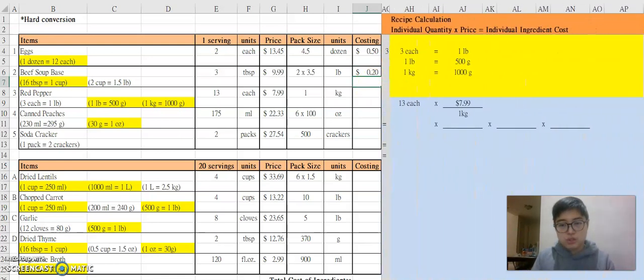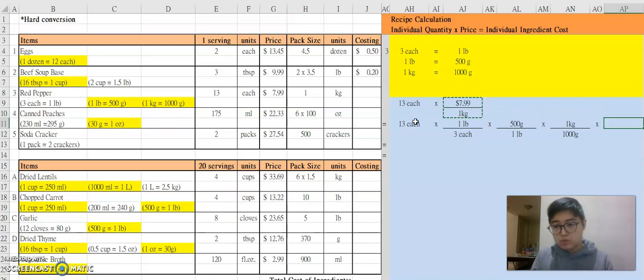Okay, the third one now. 13 each, 3 each equals 1 pound, and 1 pound is equal to 500 grams. 1 kilogram is 1000 grams. Then this one we can copy here.